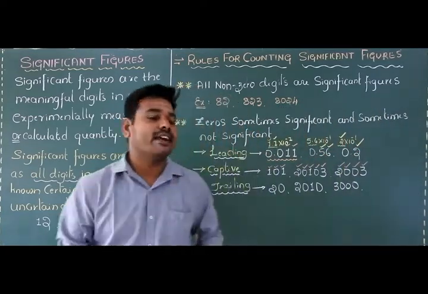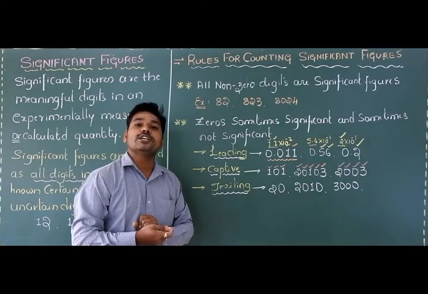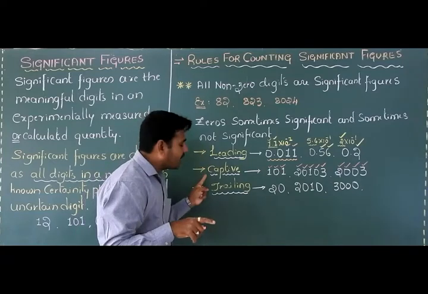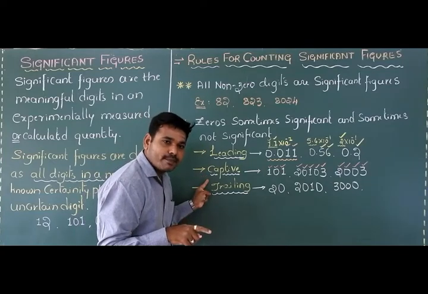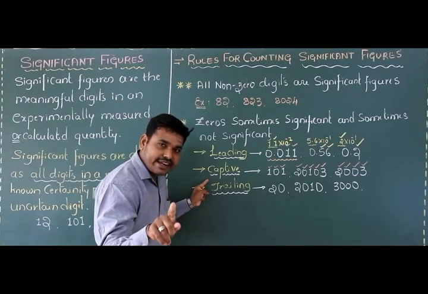So this is regarding the second type of zeros, called captive zeros. Is there any doubt in the first two types of zeros, students? Any doubt? Are you all understanding? Is it clear?